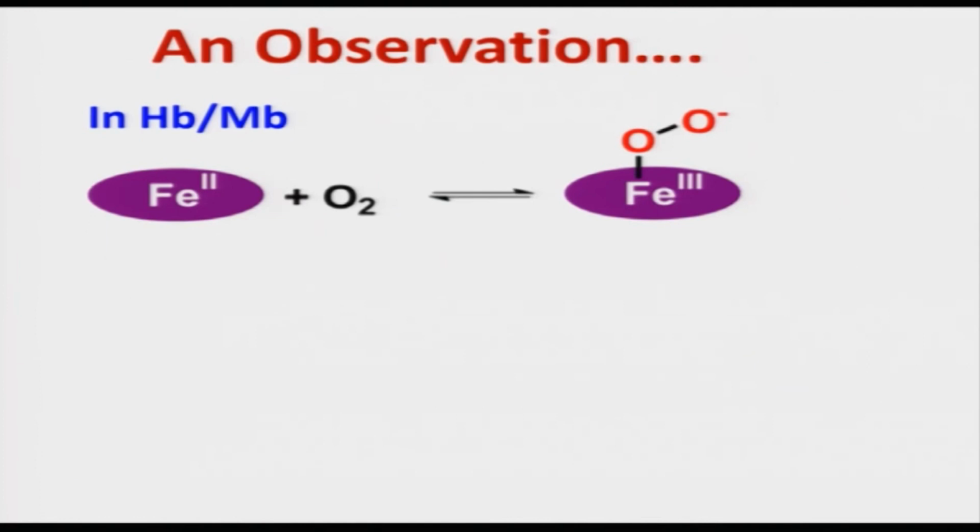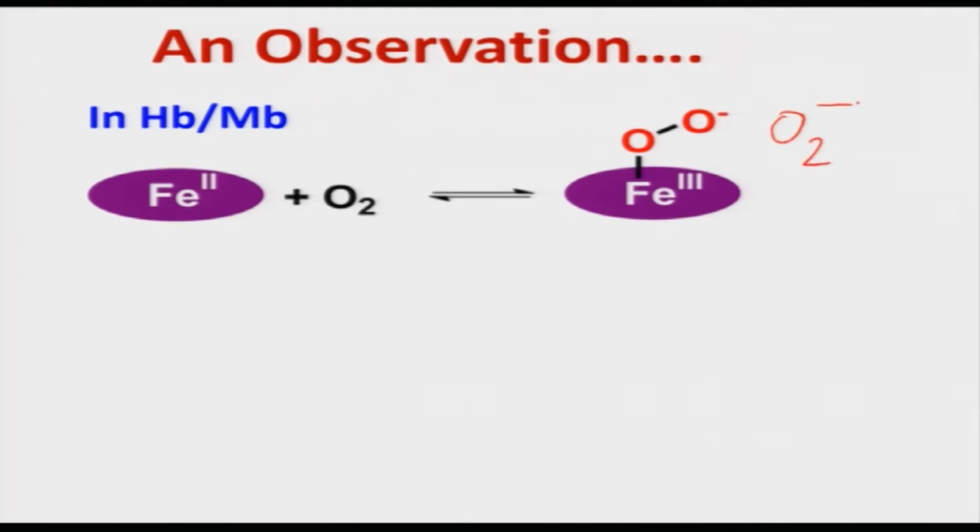In order to answer this, I will show you an observation. In hemoglobin and myoglobin, oxygen binds reversibly. So, iron 2 binds oxygen, converts to iron 3, and dioxygen converts to superoxide, O2 minus.